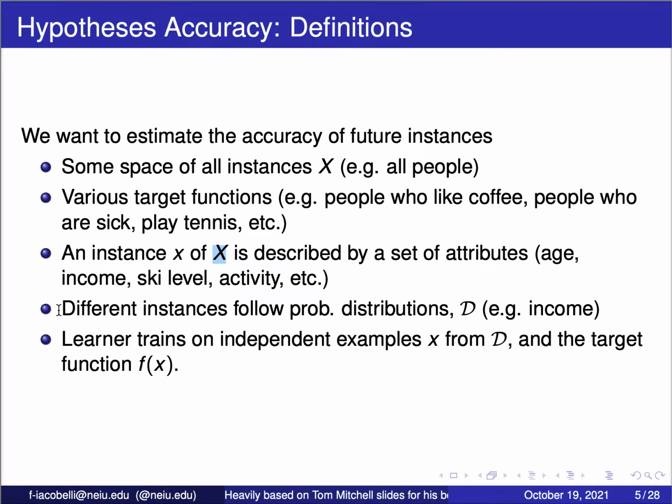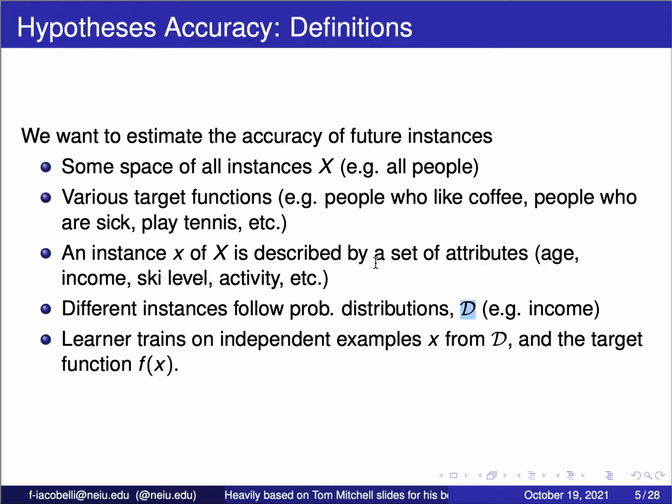Now, here's something that is key. The people that drink coffee, that are sick, that have a cold, that play tennis, they follow some probability distribution, okay? A probability distribution is the way they behave probabilistically. So with these symptoms, there's a certain probability of having a cold. With these other symptoms, there's a different probability of having a cold.